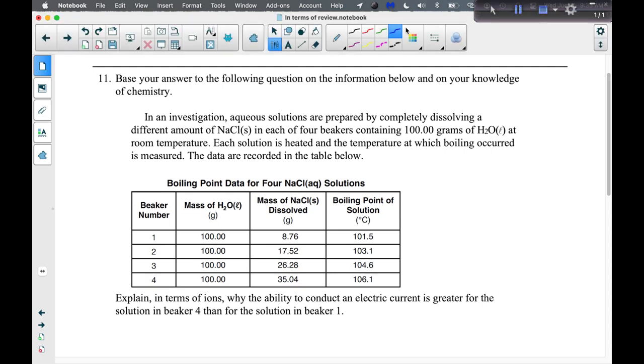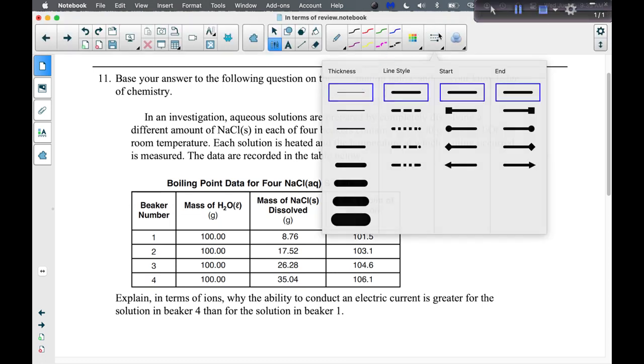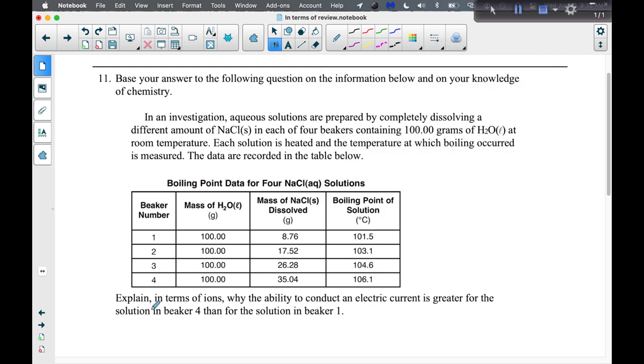For this question, if we want to talk about why, in terms of ions, there is more ability to conduct electricity in the solution in beaker 4 than the solution in beaker 1, this is a concept that has come up on a few successive Regents exams.